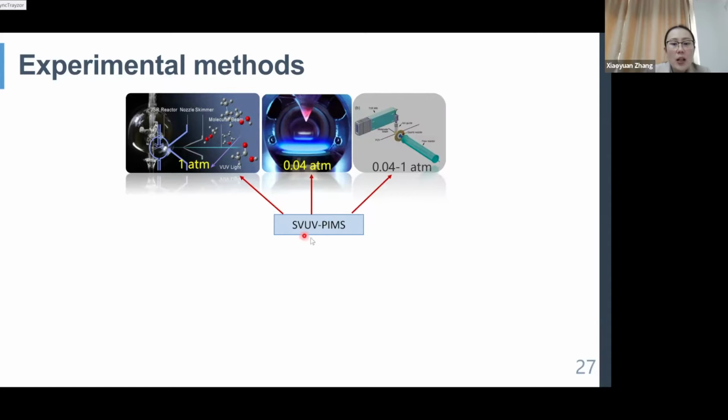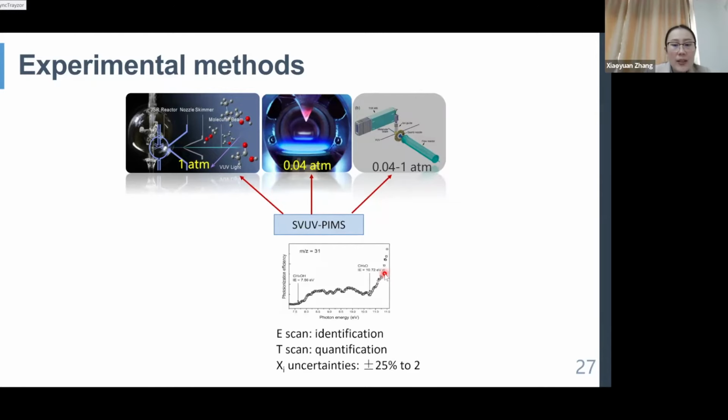The uncertainty of this diagnostic method mainly results from the uncertainties of the photoionization cross-section, since the photoionization cross-section has uncertainties ranging from 25% to a factor of 2.